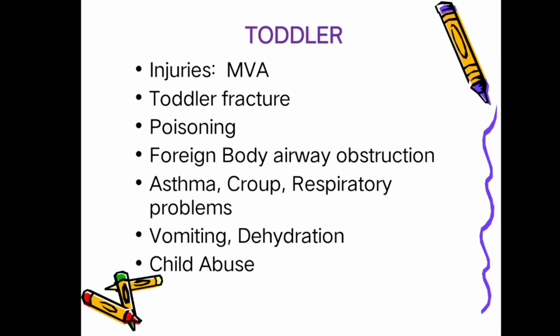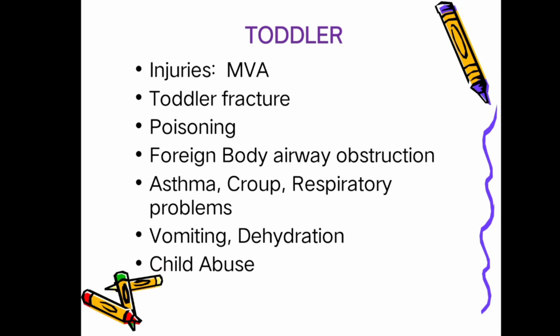Next, in toddlers, same. Due to their over-curious behavior, they may end up with motor vehicle accidents, toddler fracture, poisoning, foreign body airway obstruction, asthma, croup syndrome, respiratory problems, vomiting, dehydration, and again child abuse.